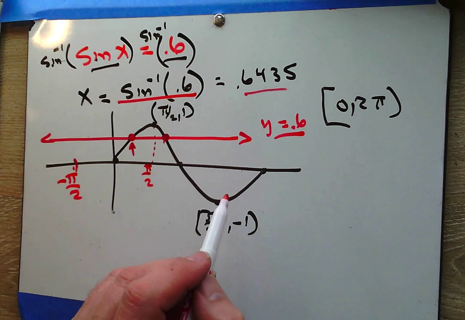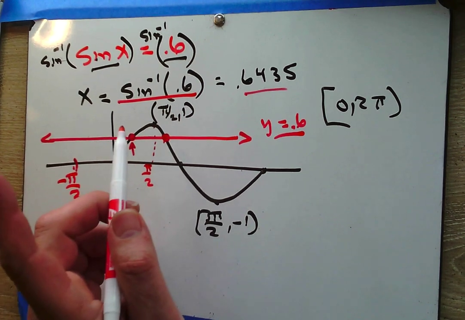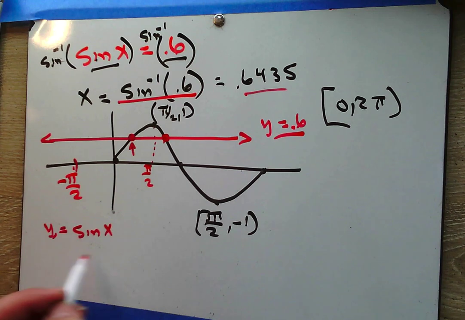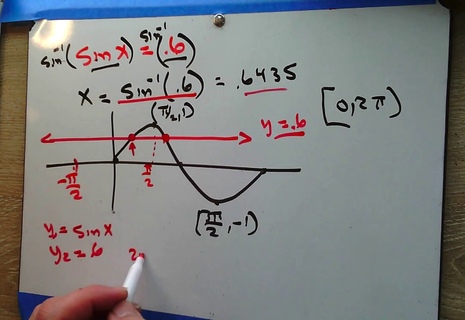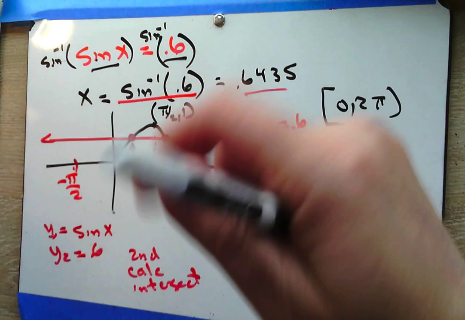Now, old school, we would use freaky reference angle formulas to figure this out. New school, what I want you to do is pick up your calculator, graph this in y1, graph this in y2, and do second, calculate, intersect. So let me type those in.